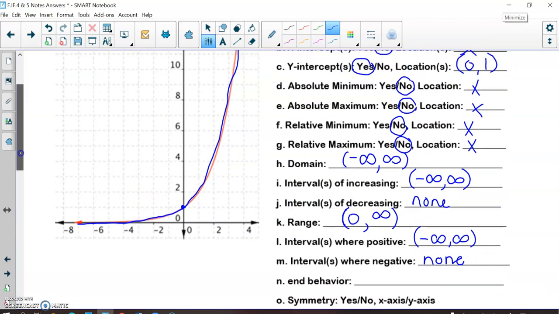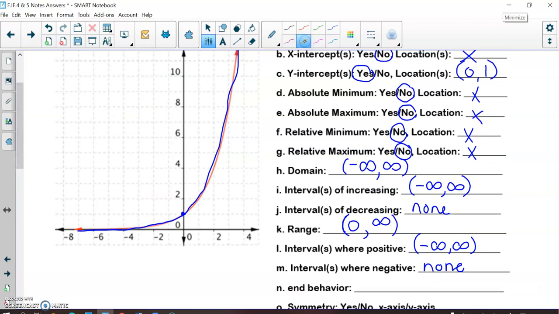And then end behavior. As x approaches negative infinity, y is actually approaching 0. So we'll write that.